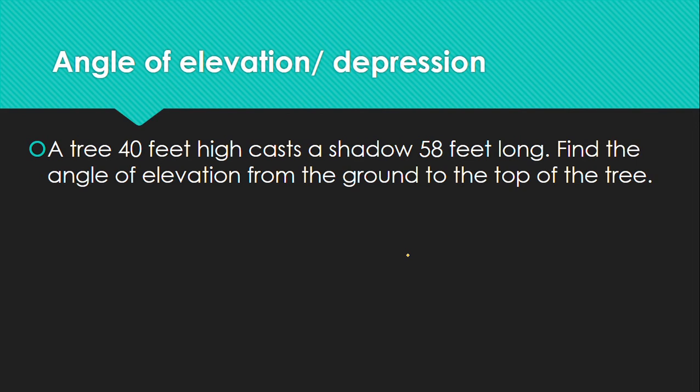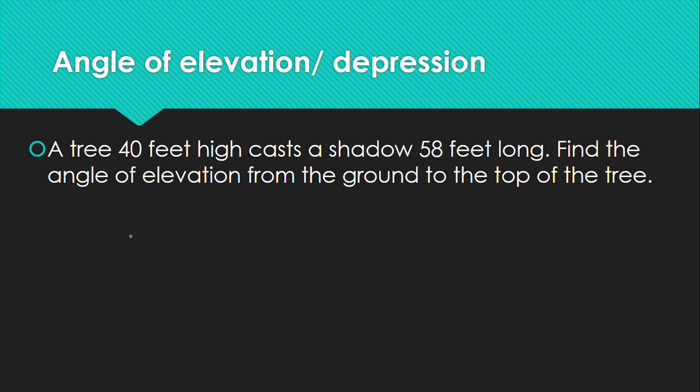The last little thing that comes up with trig is the vocabulary angle of elevation and angle of depression. This is just a fancy name for the angle that you're looking up at something, basically. So you might get a problem like this. A tree 40 feet high casts a shadow 58 feet long. Find the angle of elevation from the ground to the top of the tree.